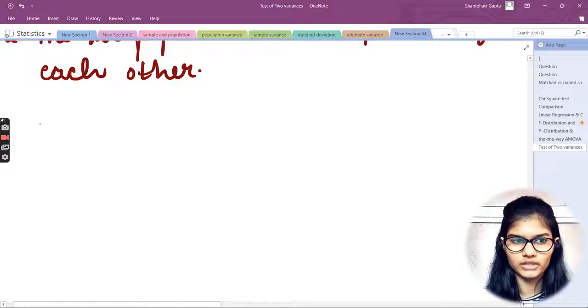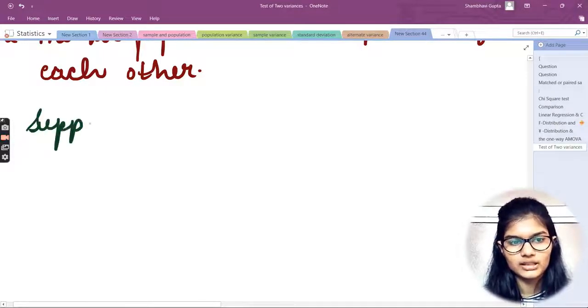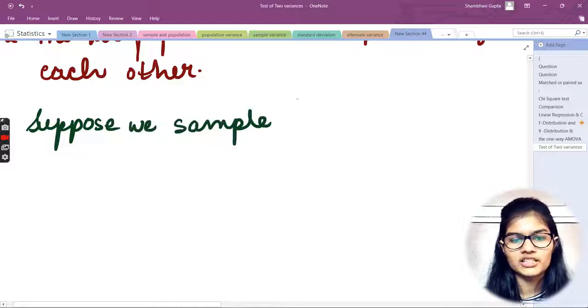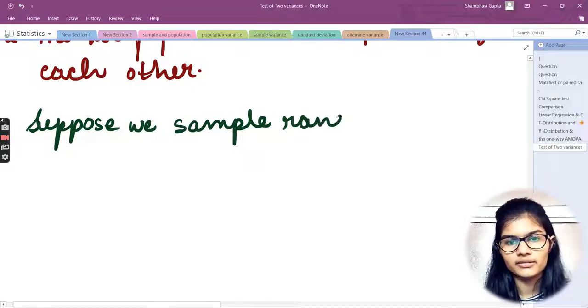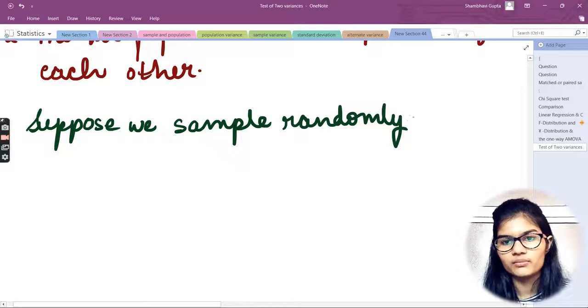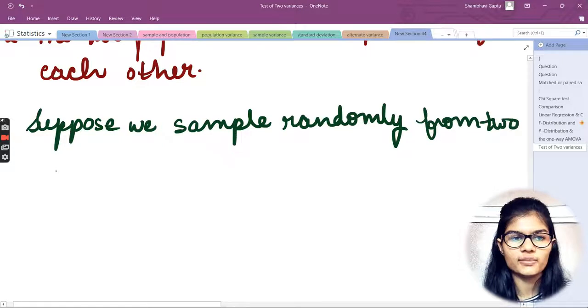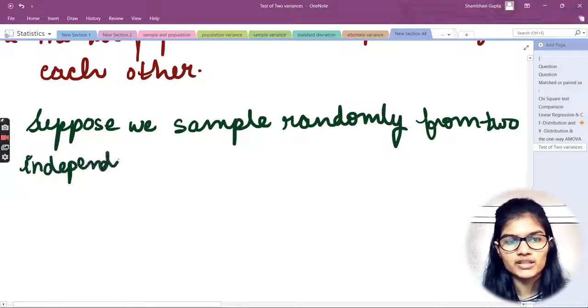Great. So here goes. Suppose we sample randomly from two independent normal populations.